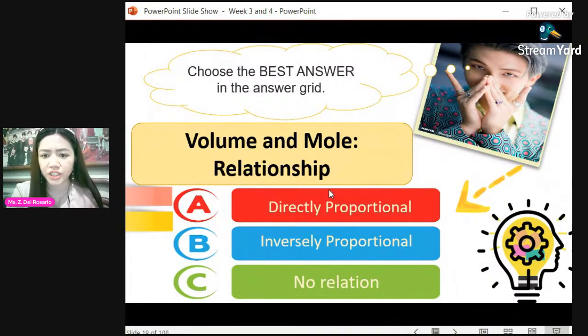Regarding the relationship of volume and mole this time, what do you think that would be? Is that A, directly proportional, B, inversely proportional, or C, there is no relationship between volume and mole?